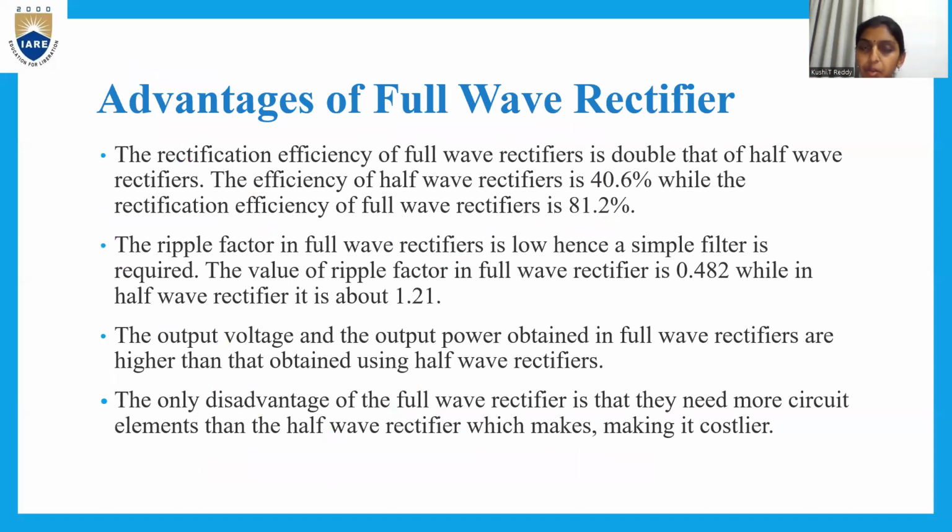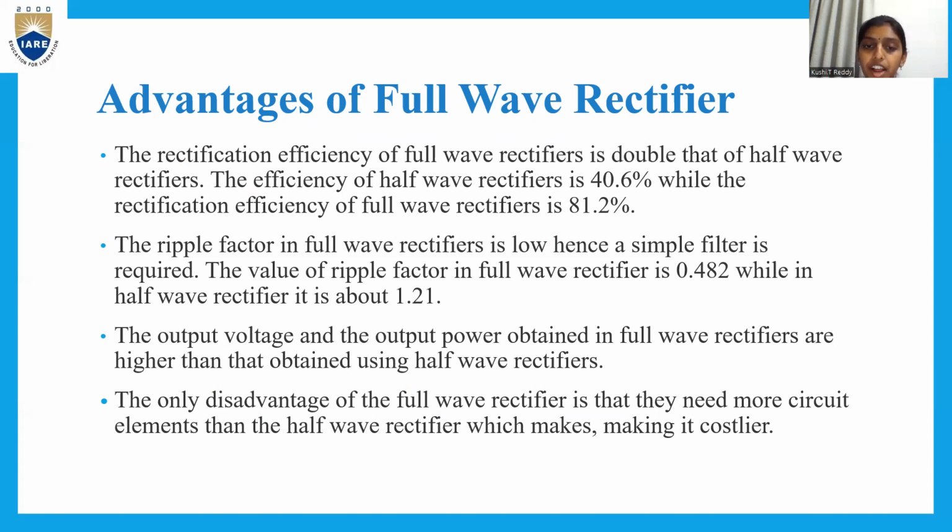So now let us look at the advantages of a full wave rectifier. What are the advantages of full wave rectifier? The rectification efficiency of a full wave rectifier is double that of a half wave rectifier. The efficiency of half wave rectifiers is 40.6%, while the rectification efficiency of a full wave rectifier is 81.2%. The ripple factor in a full wave rectifier is low, hence a simple filter is required.